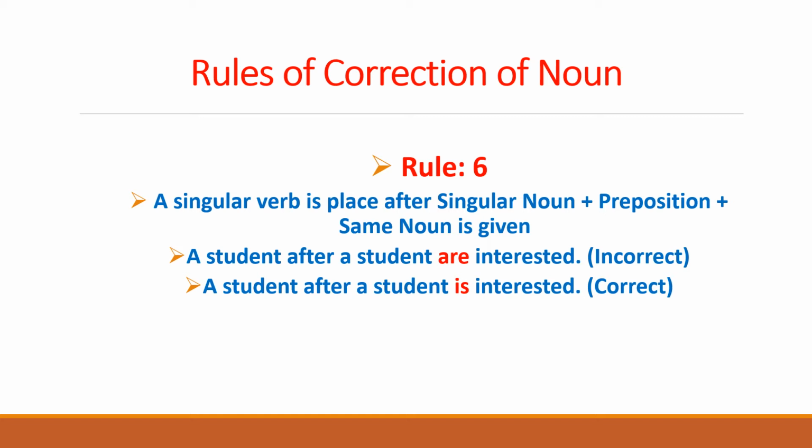The correct sentence is: a student after a student is interested. In this way, we can see that the noun plus preposition plus noun structure is followed by the singular verb, that is is, and in this way we can correct this sentence.